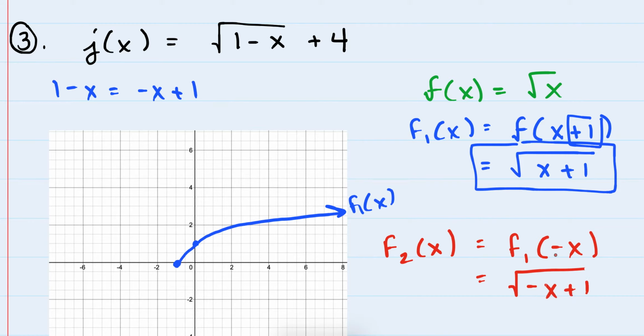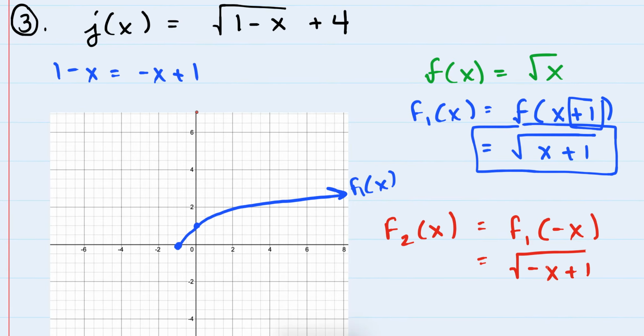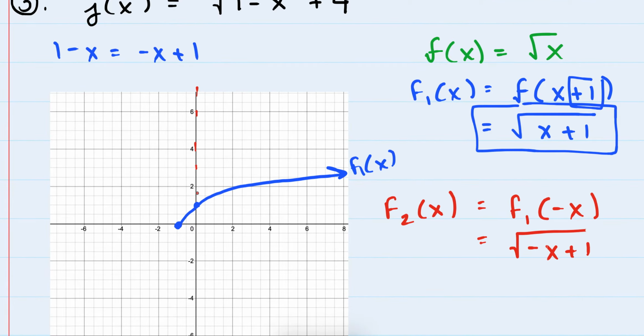And that is a reflection, but it's a reflection about what axis? The negative's on the inside, so it's a reflection about the y-axis. So this point now goes here. This point stays. I think I lost a point here, but that's okay. We had 4, 2, and it went here.